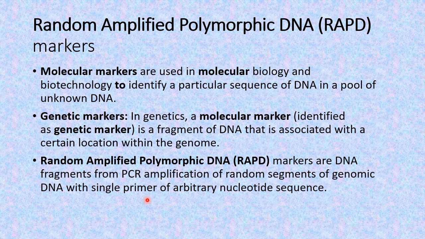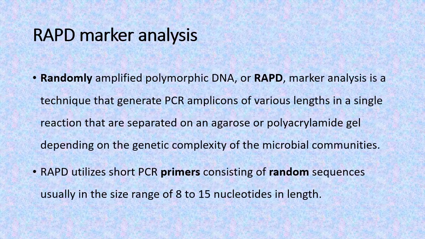And for the purpose of this amplification, the primers which are used are random, arbitrary nucleotide sequences. So this RAPD technique is a PCR based technique of identifying particular nucleotide sequences in the genome.